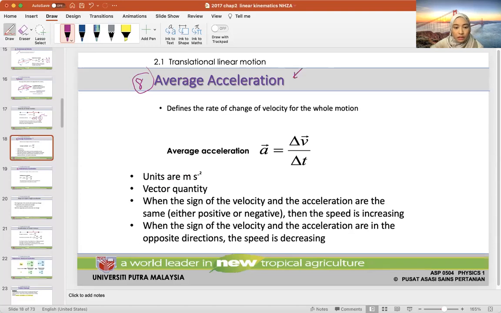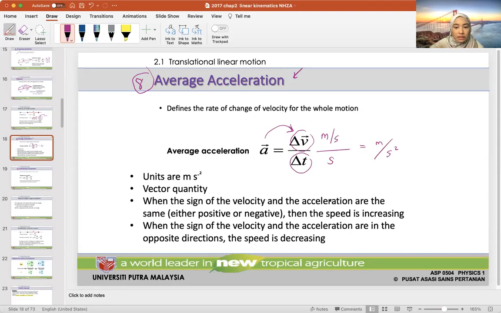So the units are meter per second squared, because velocity is meter per second and then it is over time, so you get meter over second squared. It is a vector quantity because this guy is scalar, this guy is vector.